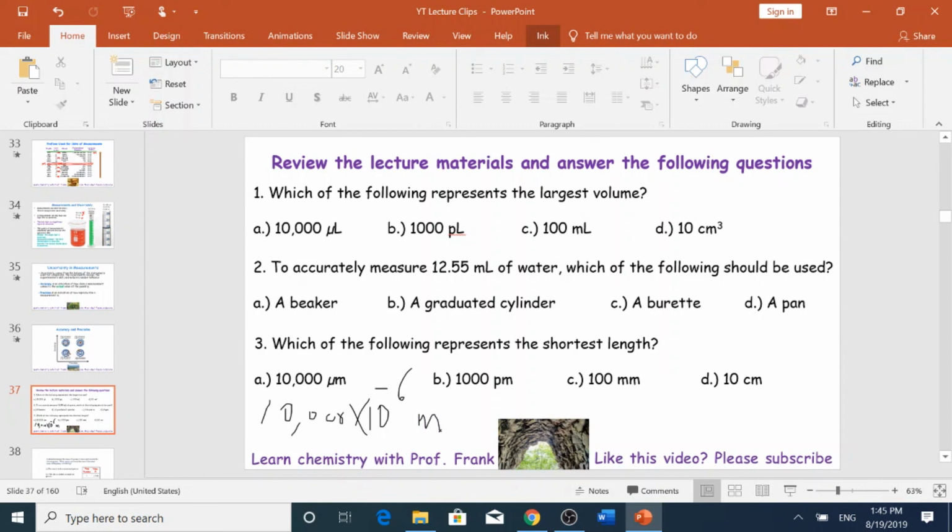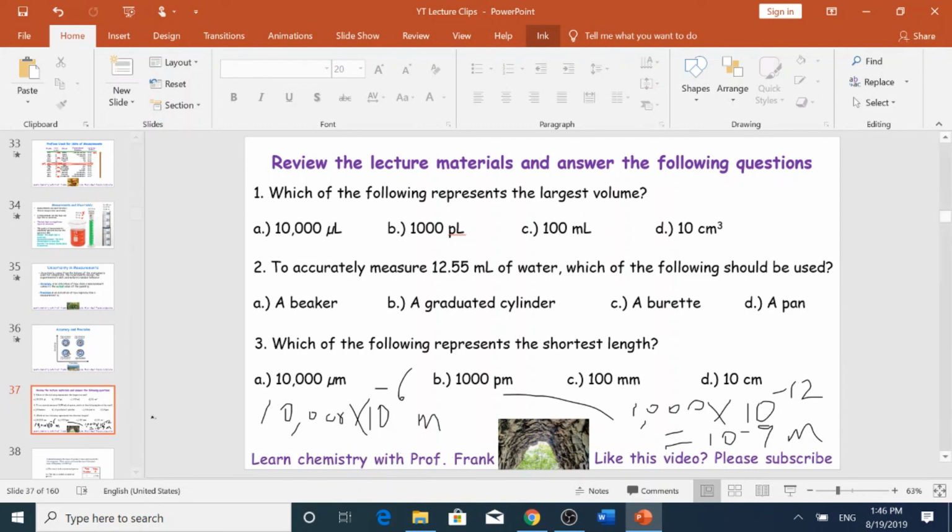And for B, we have 1,000 picometers, 10 to the negative 12. 1,000 is 10 to the third, so times 10 to the negative 12, that's 10 to the negative 9 meters.